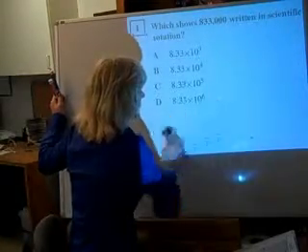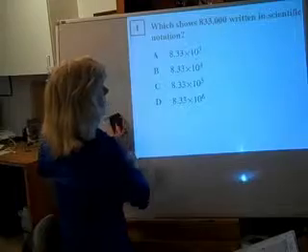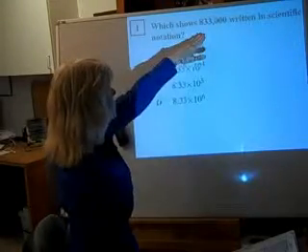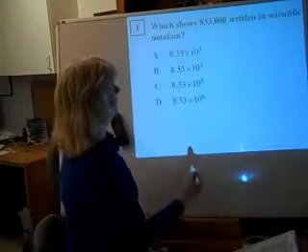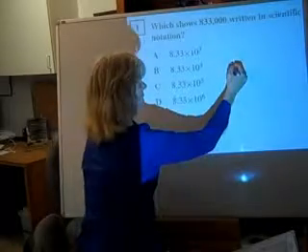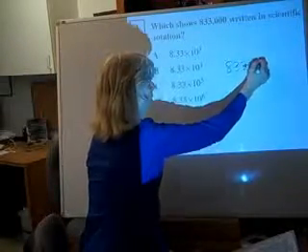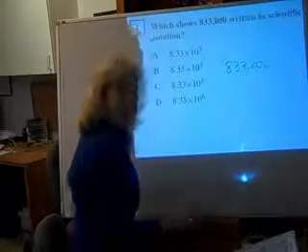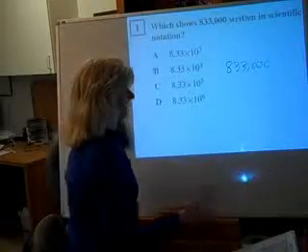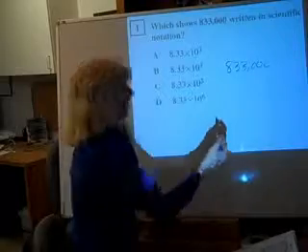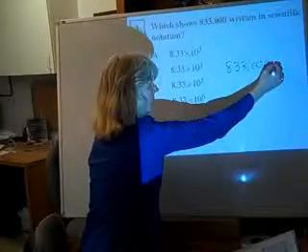Now, how do we go backwards like this problem asks us? It says, which shows 833,000 written in scientific notation. So if we take that 833,000, and we want to write this in scientific notation, every number has a decimal point. If there's not one showing, it's at the end.